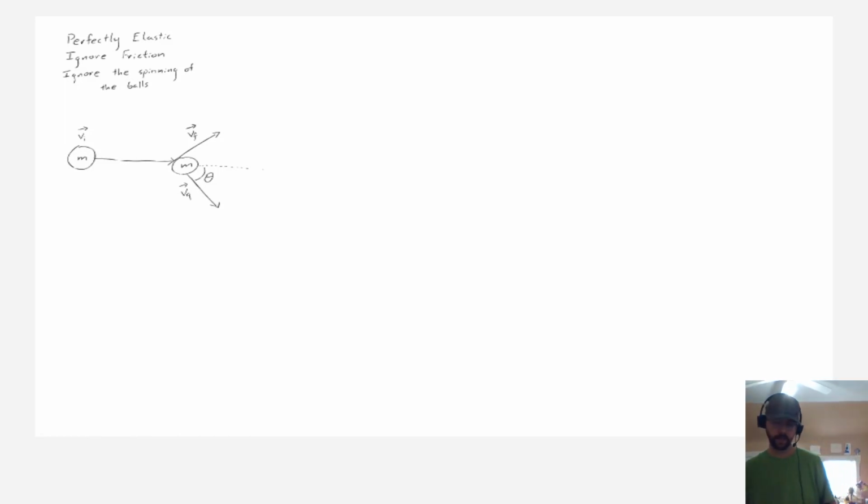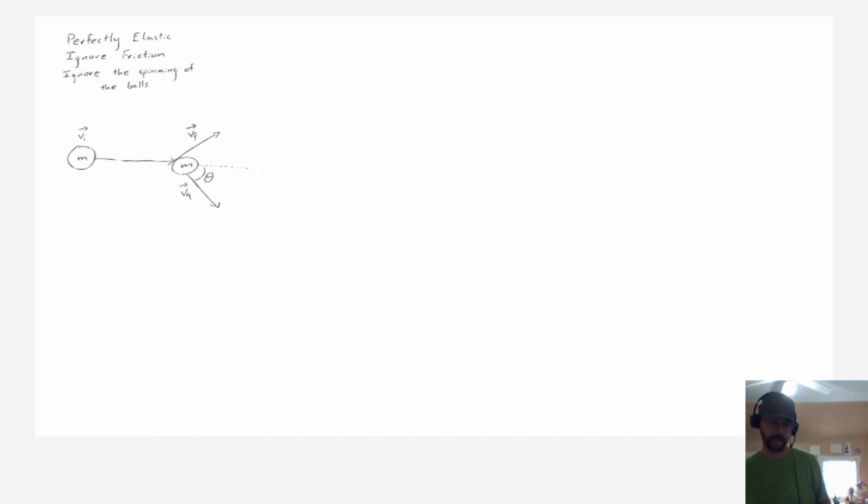And to solve this, a couple of constraints were given. It's perfectly elastic. We can ignore friction and ignore the spinning of the balls, because in pool, depending on where you hit the cue ball, it may put a spin on the cue ball, which would change everything in the problem.